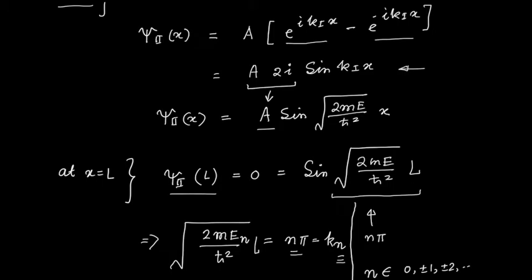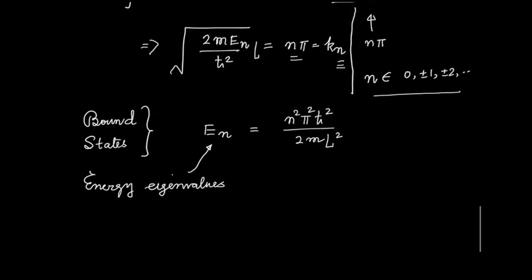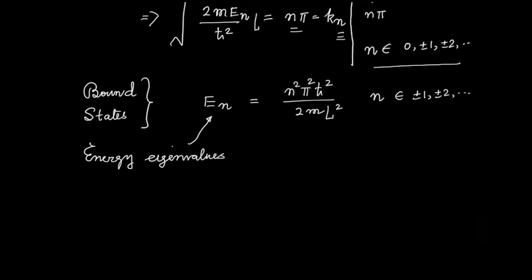Now phi2 is also 0. So which essentially means that everywhere the wave function is 0, that is not possible. So n equals 0 is not possible, which means that n can belong to plus minus 1, plus minus 2, etc.